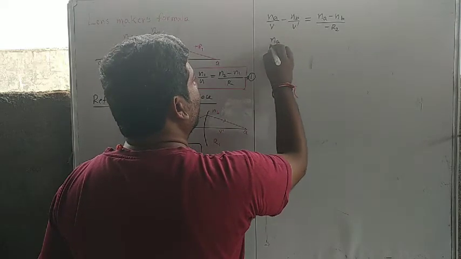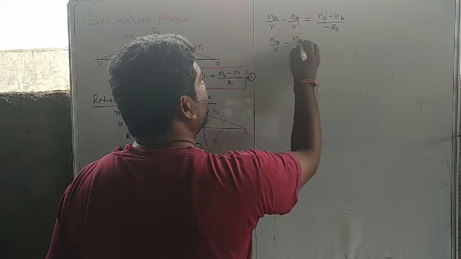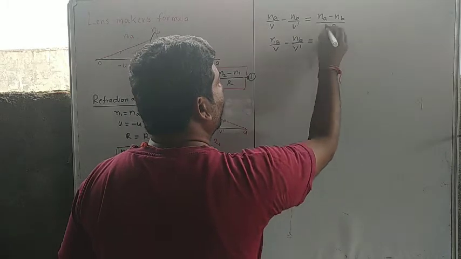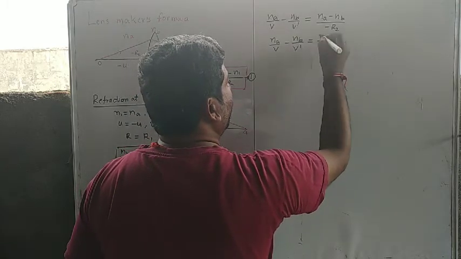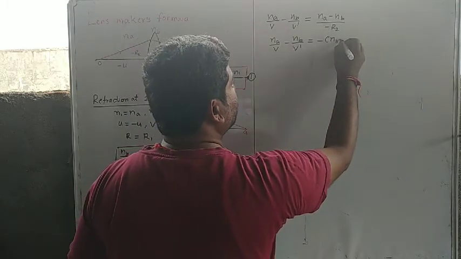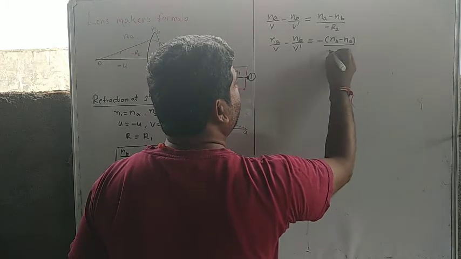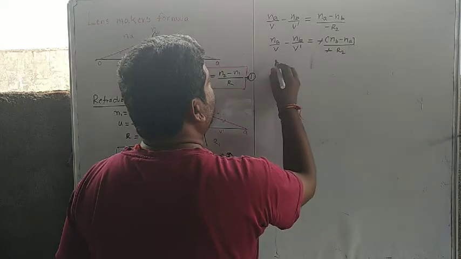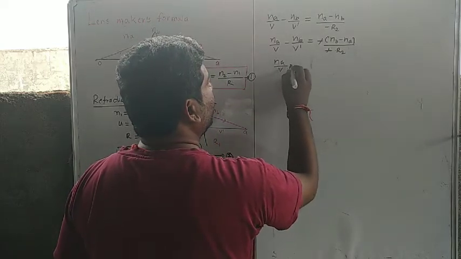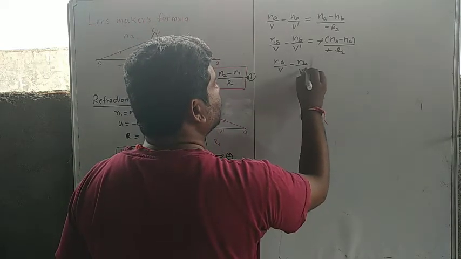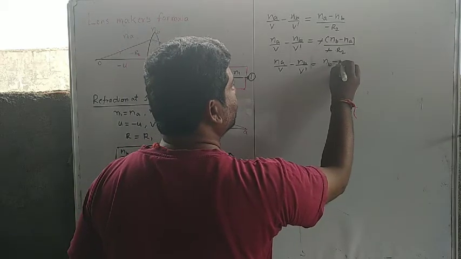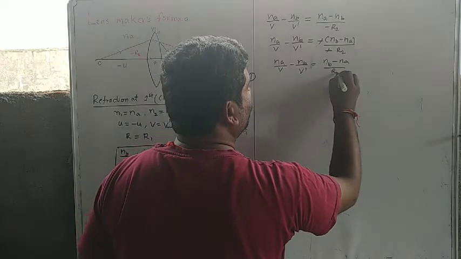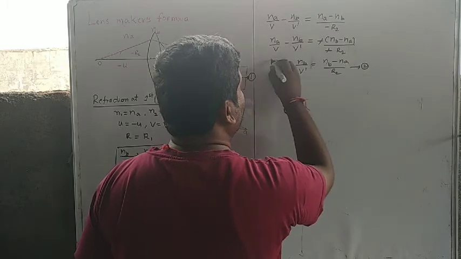Therefore NA by V minus NB by V dash, take common minus in numerator, NB minus NA by minus R2. Minus minus will get cancelled. Then NA by V minus NB by V dash is equal to NB minus NA by R2. Consider it is equation number 2.